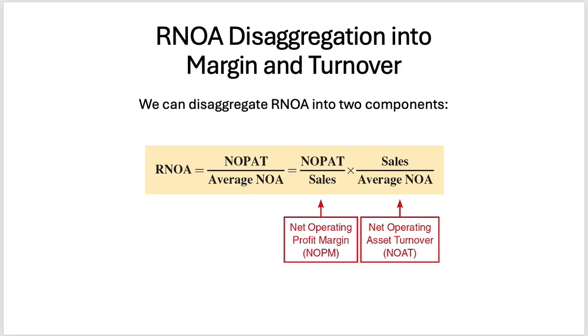Well, we are disaggregating RNOA into two elements: net operating profit margin and net operating asset turnover. And quite frankly, this should remind you of the third video in this module when we did this similar disaggregation to return on assets.